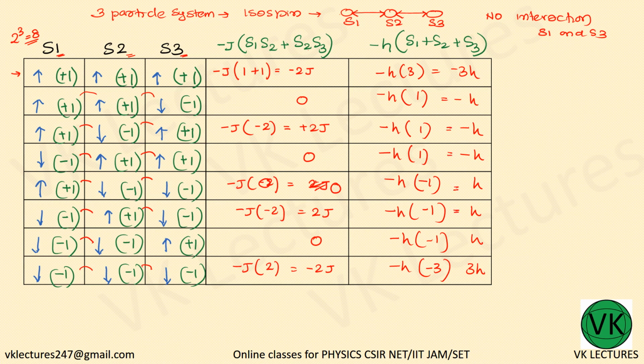So we are ready with the terms. The first term will be equal to minus 2J minus 3H.